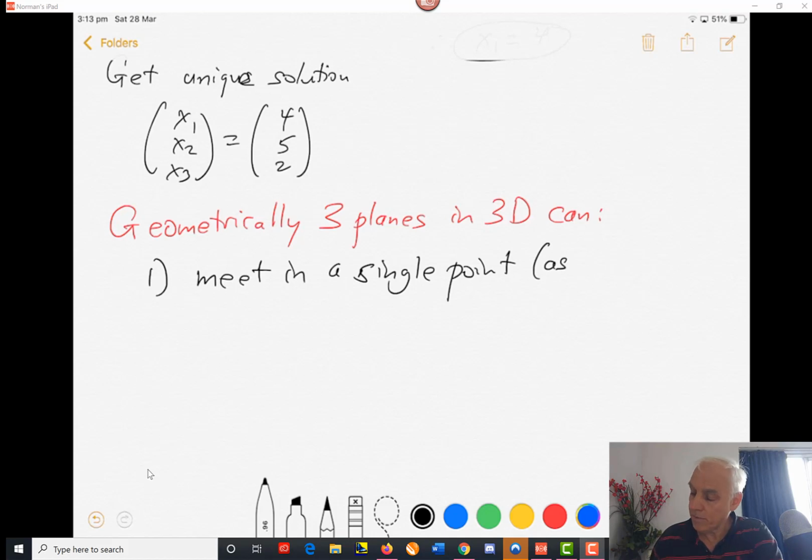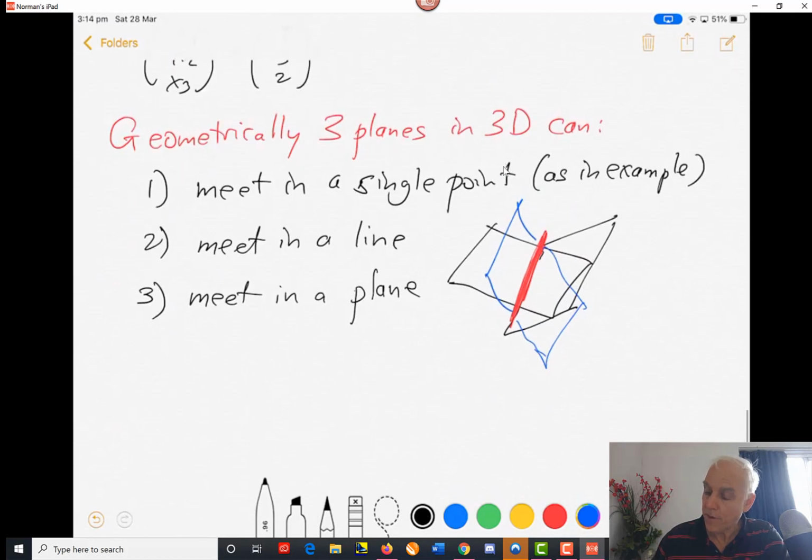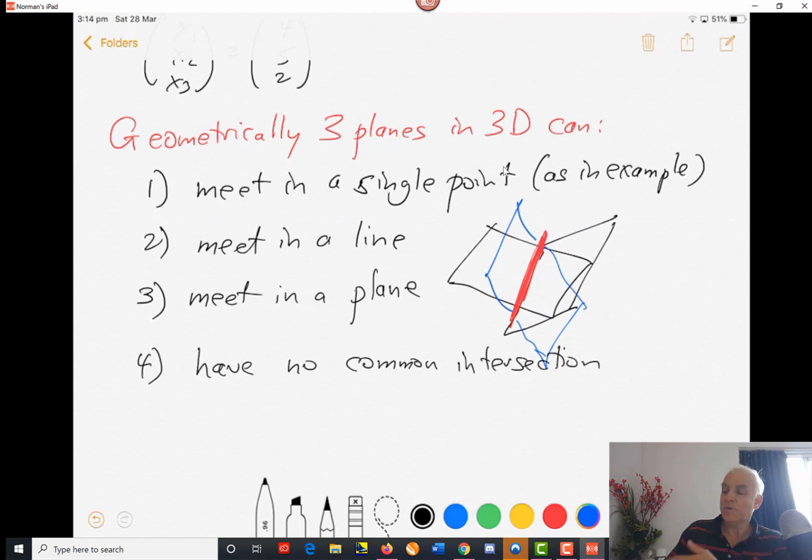And what are the other possibilities we said? Well, they could also meet in a plane. Or they could have no common intersection. Okay. So in terms of numbers of solution, this would be a unique solution.